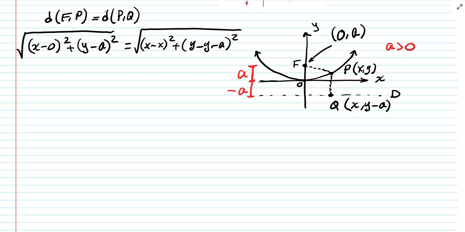Now, when we take the square root of the right side, remember x minus x squared, that's 0. And here we just simply get the square root of a squared, correct?